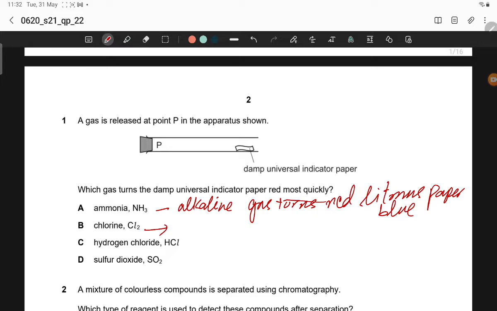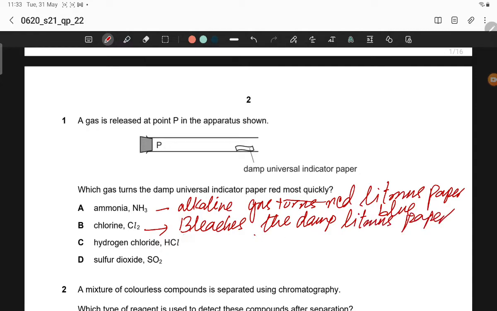Chlorine bleaches the damp litmus paper. Hydrogen chloride is a strong acidic gas.